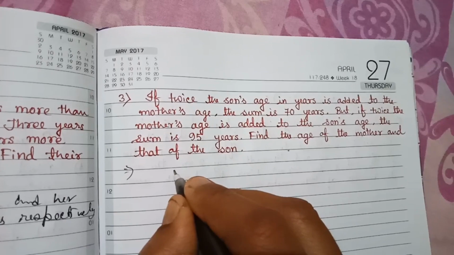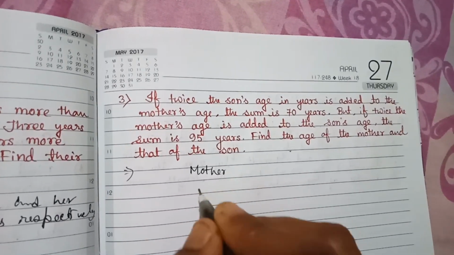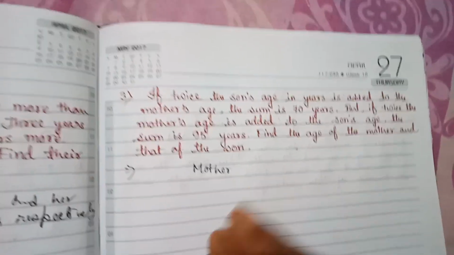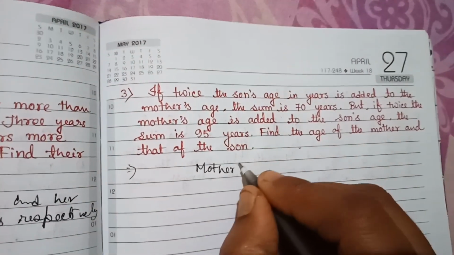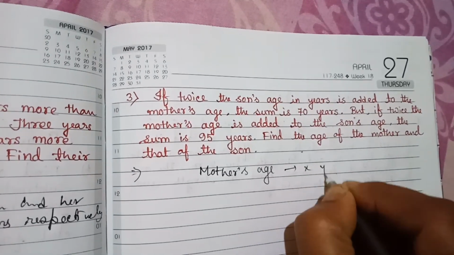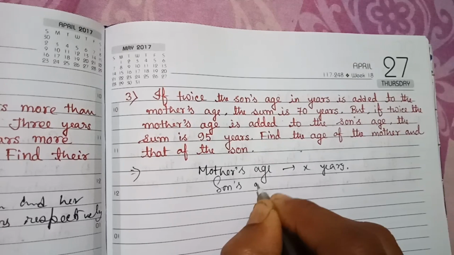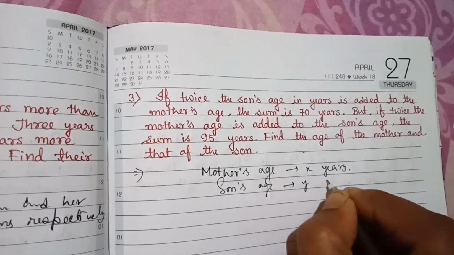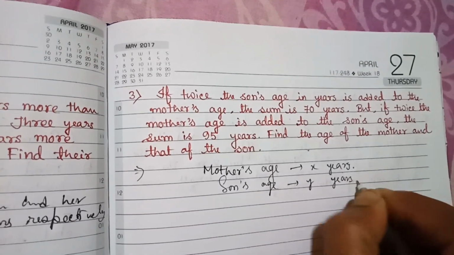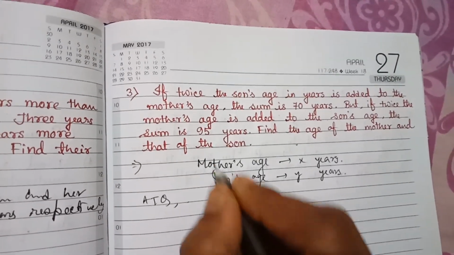Same, I'm writing in very short form. You please write down in proper format. So mother's age I am taking x years and son's age I am taking y years.